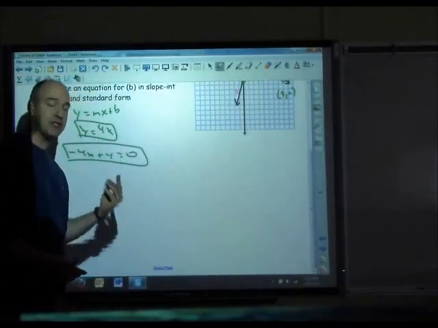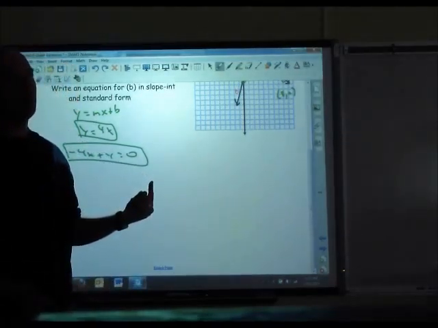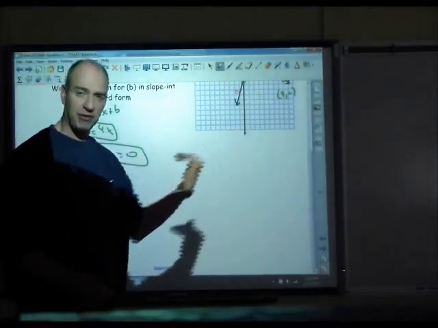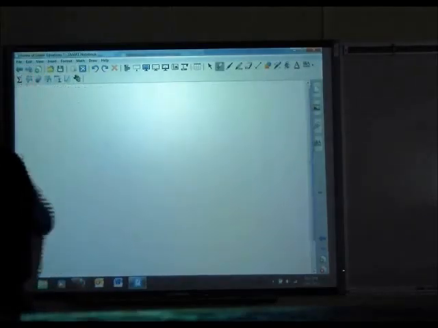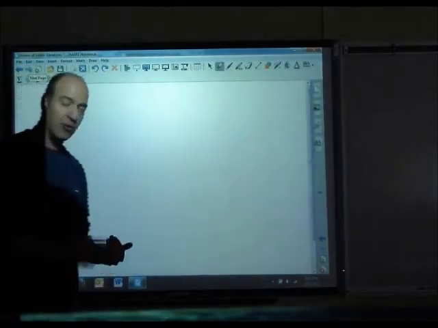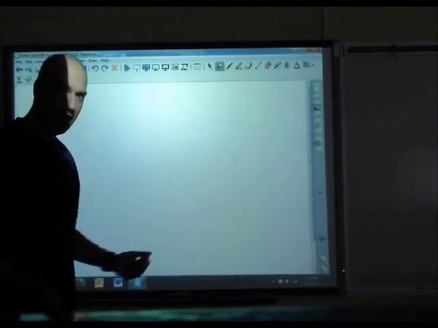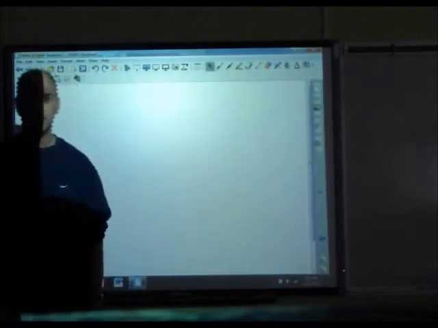But with slope-intercept and standard form, sometimes you have to use point-slope form because you do not have a y-intercept point. But if you do have to use point-slope form, you can still convert it into slope-intercept or standard form if you need to. Okay? So this is the idea of taking graphs of lines and writing them in their equation model. I hope that helps, and we will see you in the next video. Bye.